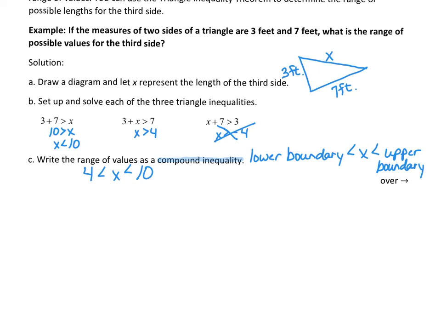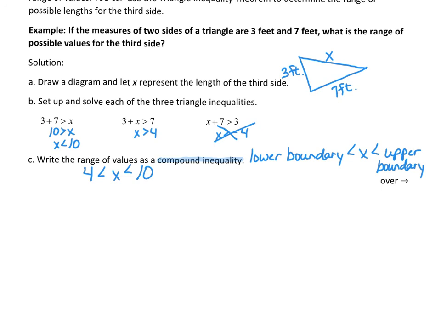If you wanted to check yourself here, pick some values that are between 4 and 10 and plug them in, but also pick a value like 3. If we put 3 in for x, well, 3 plus 3 is only 6, so that would be less than that third side, so it wouldn't work.